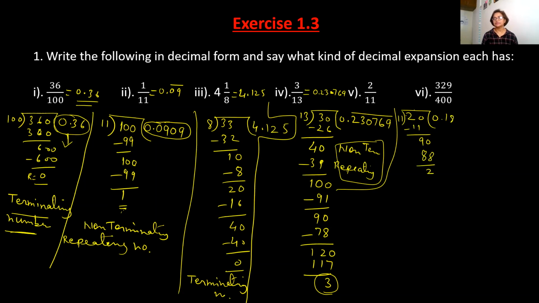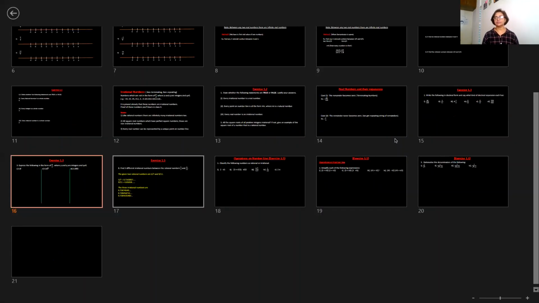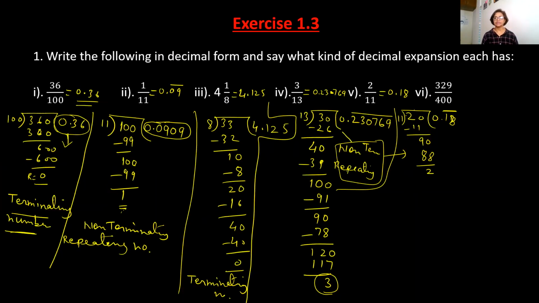So from where you started, you got the same number. So that means this number will be repeating. So here you can write 0.18 with a bar, and this number is non-terminating, repeating. Both numbers are non-terminating, repeating numbers, right?